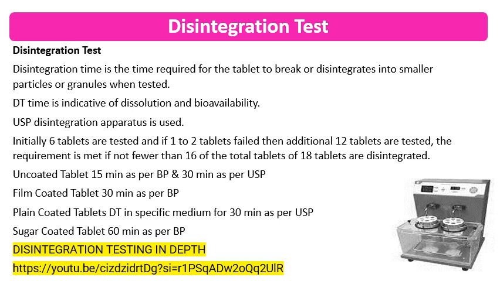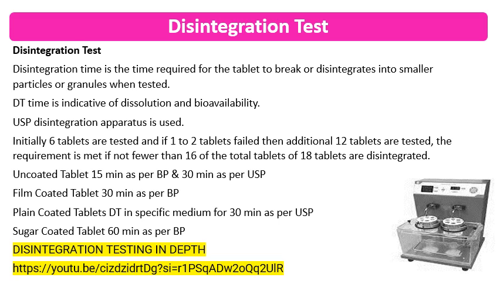Then DT testing. This is called the disintegration test, and as per the pharmacopoeial requirements, the DT time is given. So for uncoated tablets, generally 15 minutes is given, and if the formulation is film coated, then 30 minutes is given. So based on the formulation design, this DT time is different.